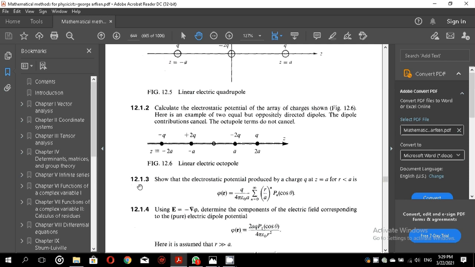Okay, now exercise 12.1.3, here it is said that if r is not greater than a, but if r is less than a, then the potential is given by this expression.